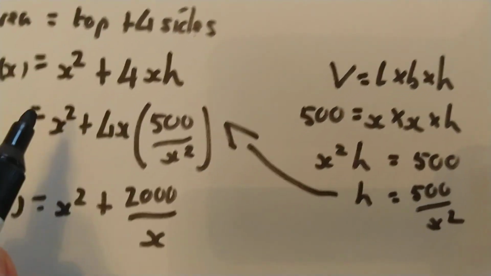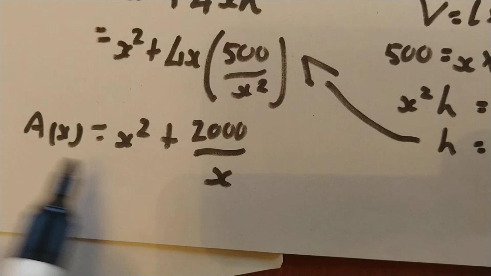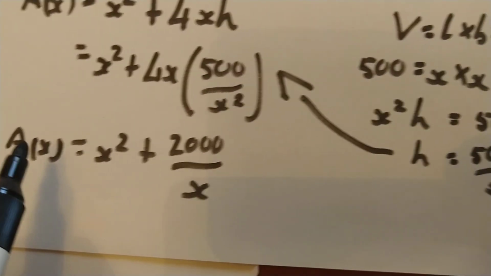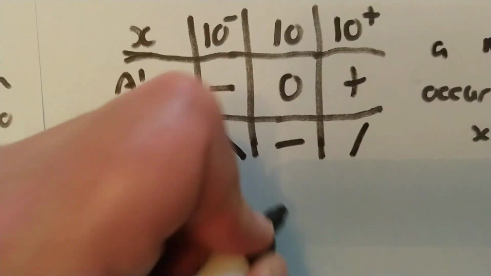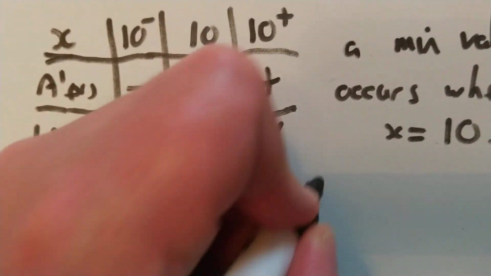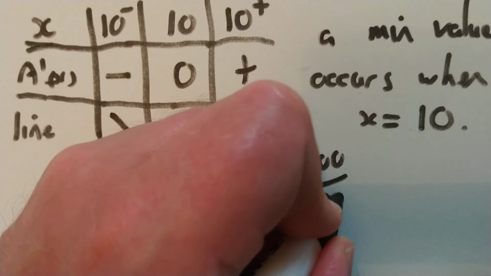All right. I'm going to use this expression. I could use the first one here and work out h from over here and plug it in, or I can just jump straight to this one here, which is what I'm going to do, because I think that will be the quickest. So I'm going to say area is x squared plus 2000 over x.